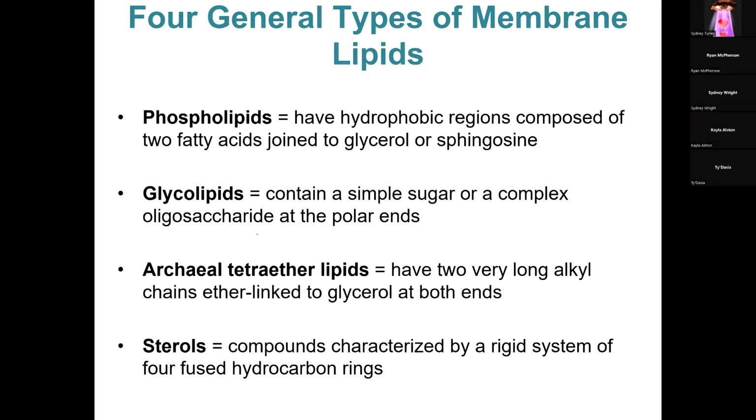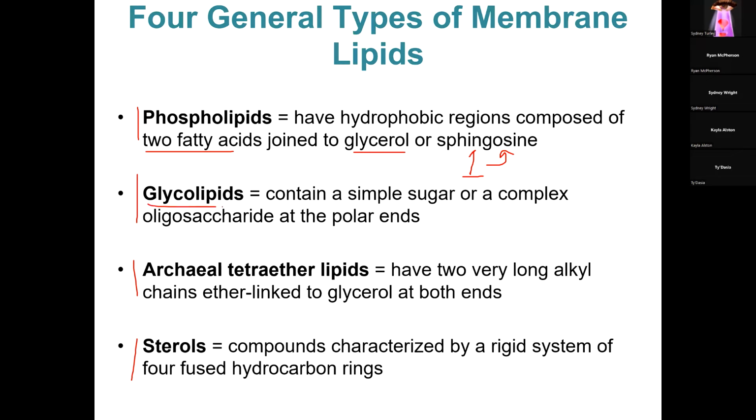So I covered the 4 general types already. Or no, sorry, I covered 3 of them. So I covered the phospholipids in detail. 2 fatty acids joined to a glycerol, or actually 1 fatty acid joins to a sphingosine, because the long chain of the sphingosine makes up the second one.